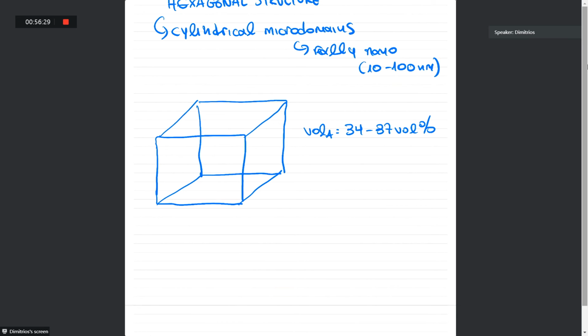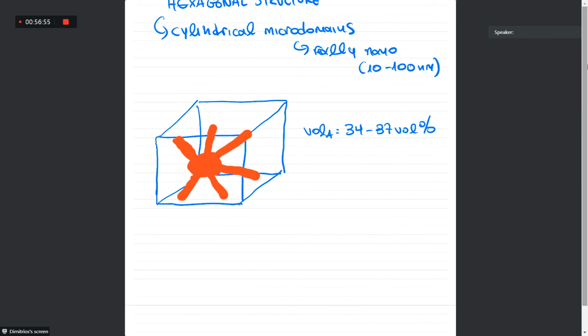Okay, so this structure looks something like that, even though here in the middle it's slightly bigger.